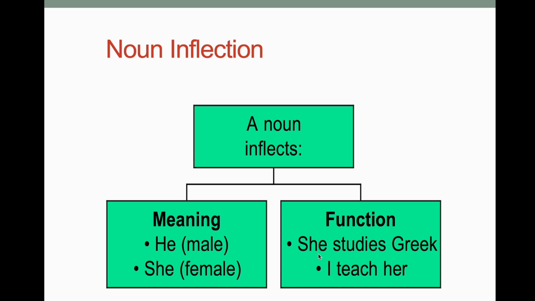She is the subject, the third person personal pronoun in the feminine. I teach her. In this situation, the she that was the subject of the sentence becomes the direct object, and that pronoun changes to her to take on that function of direct object.